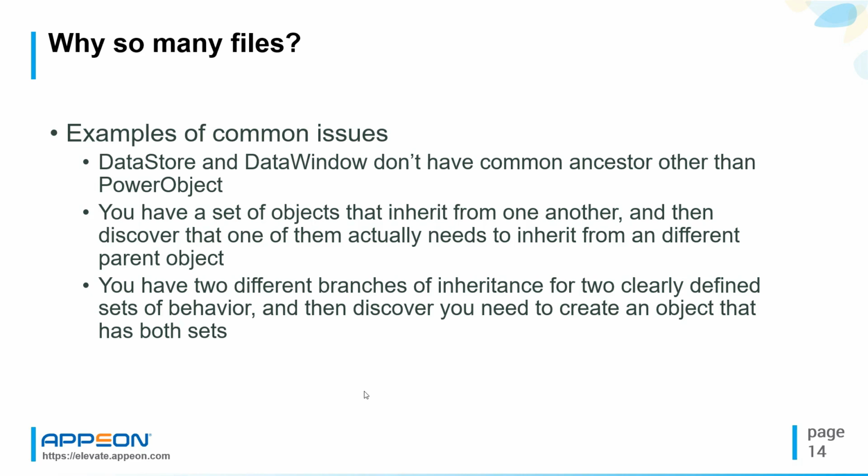Well, we don't have multiple inheritance in PowerBuilder. There's no way for us to say D inherits from both B and C. So what we'd have to do is pick one of the two, either B or C, and then extend D with the behaviors that are in C as well, let's say if we inherited it from B. So that's an issue. There's no really good way to implement that in PowerBuilder.